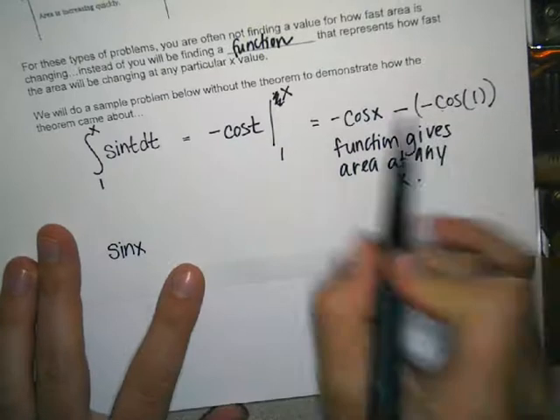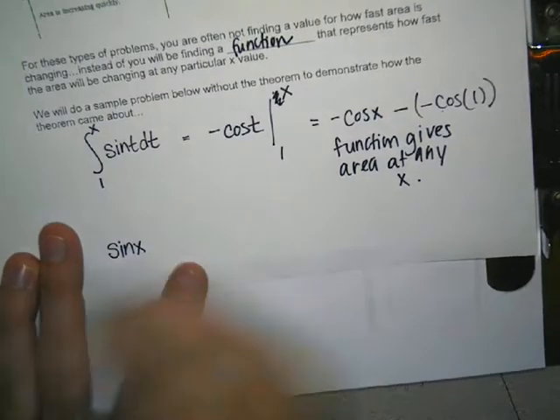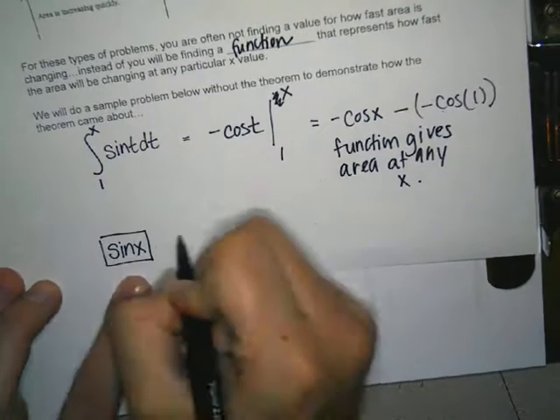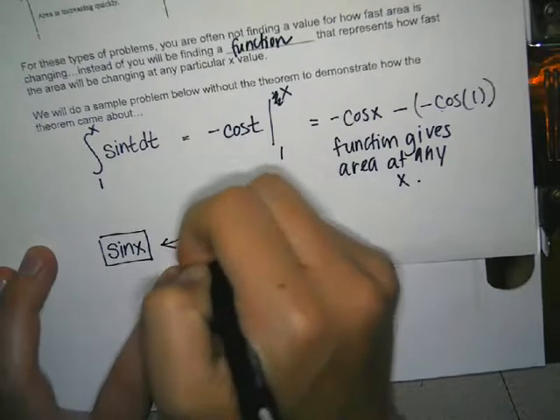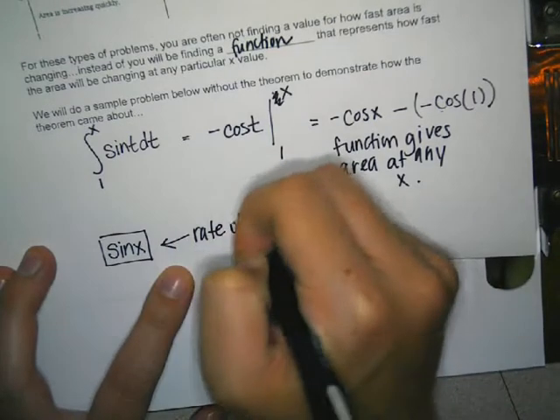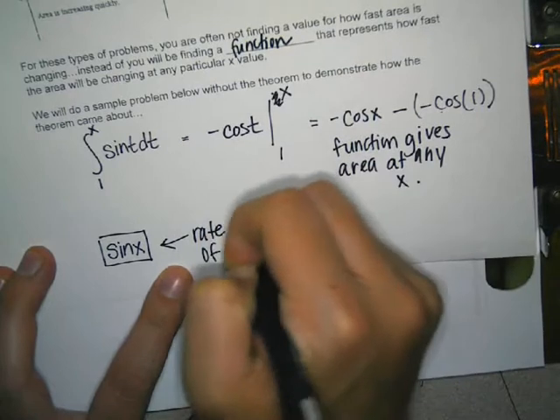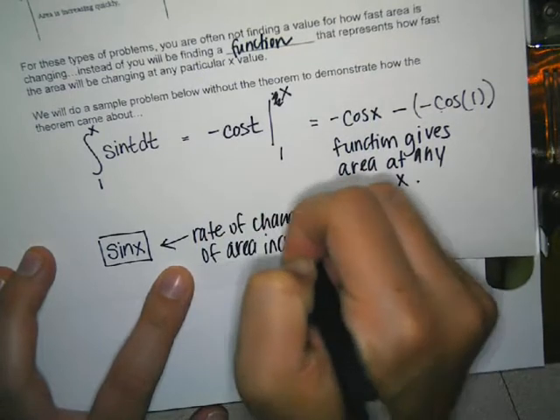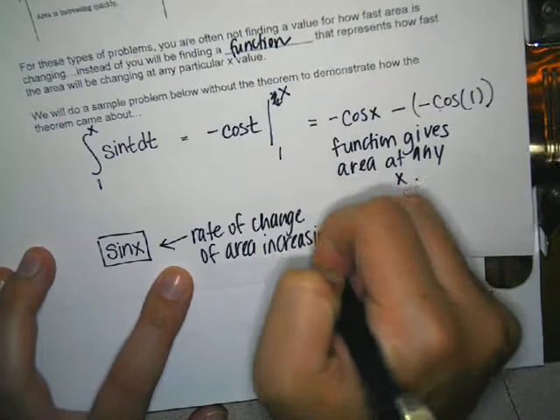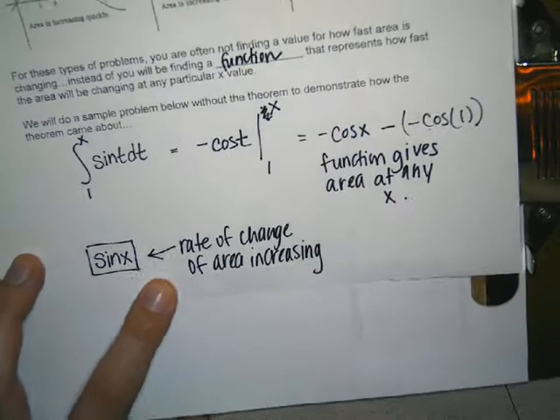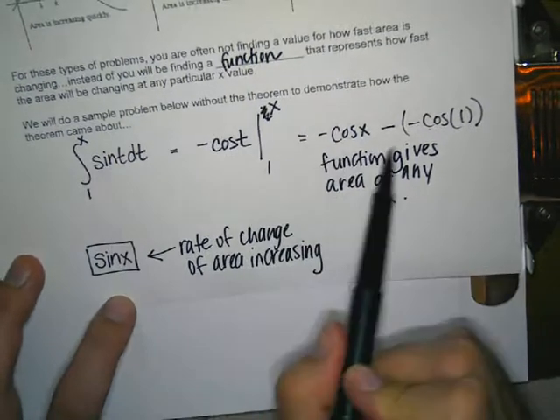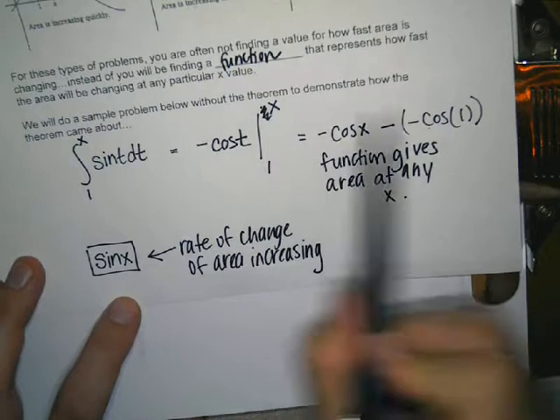Is 0 because that's just going to be a constant. So we get the function sine x. So this represents the rate of change of area increasing. Okay, so I hope you followed that logic there. You integrate to find area. This function represents the area at any x.